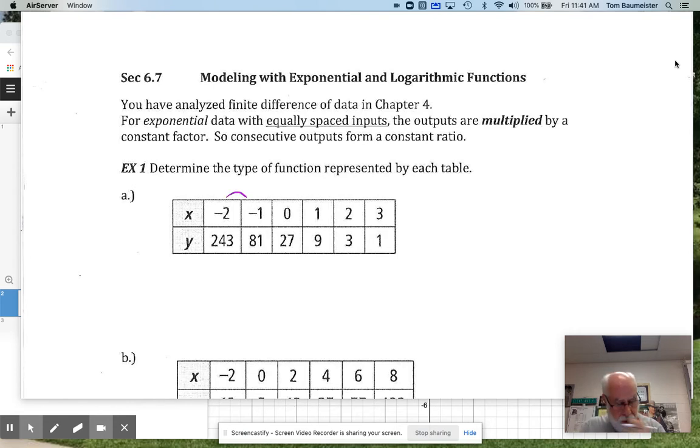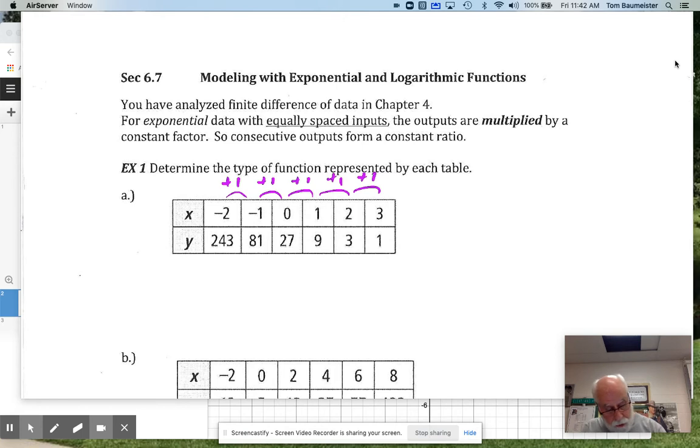okay, they're asking us, example 1, determine the type of function represented by each table. So we're looking at the x here. And as we can see, it is going up by 1 each time. And a ratio, remember, is something over another number, and it's being multiplied. So if we look at this, we're going to have 243. And what do I multiply it by to get 81?